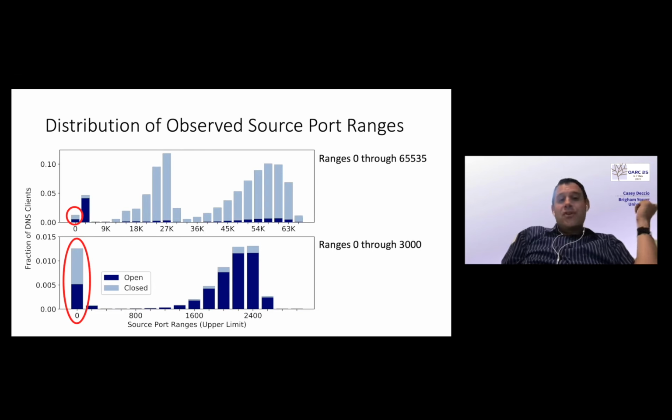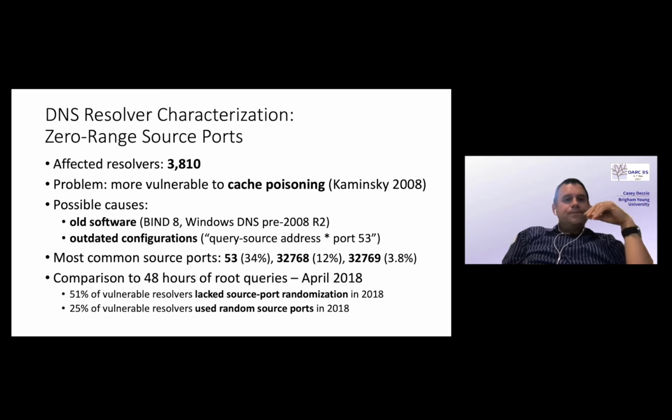This affected almost 4,000 resolvers, and these are more vulnerable to cache poisoning because of that, and in part because they're reachable through this spoofed source vulnerability. I'm not going to go through the rest of this for the sake of time, but I'm happy to answer questions about that later.